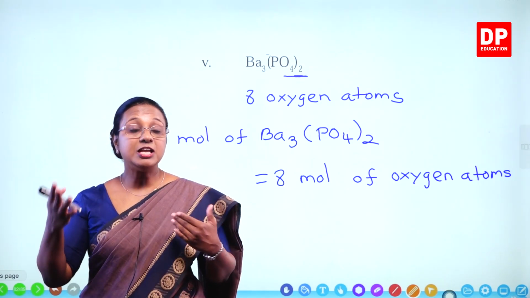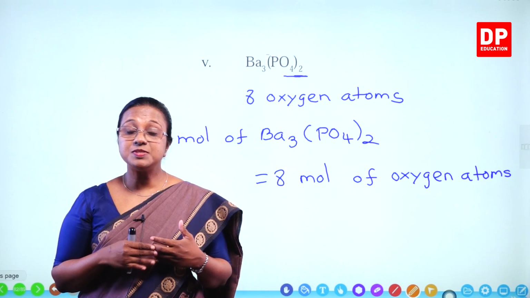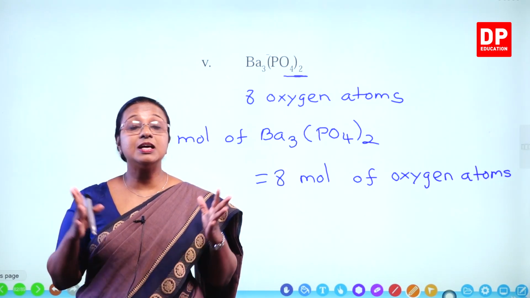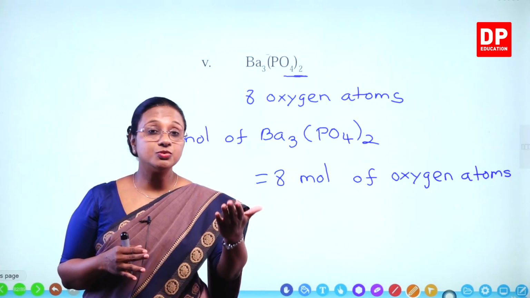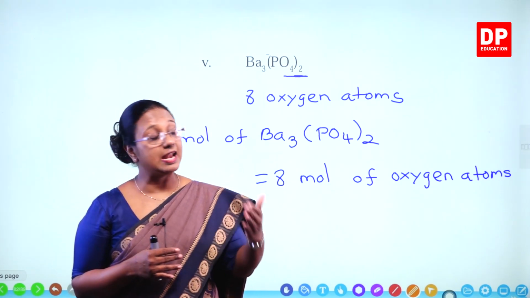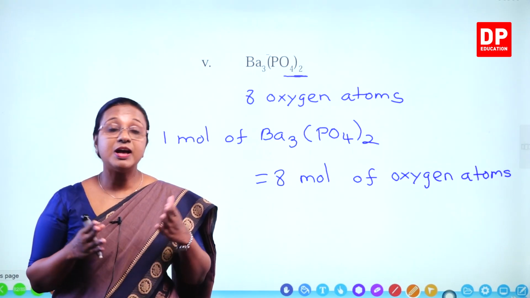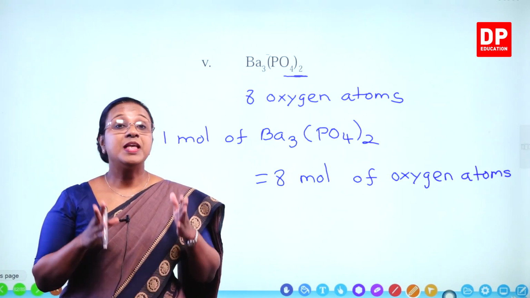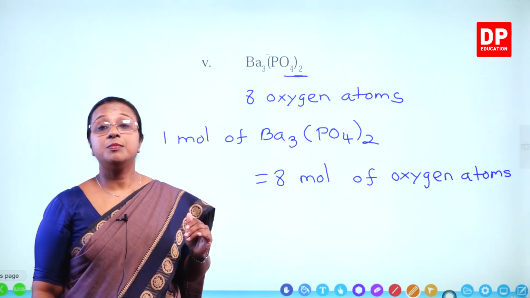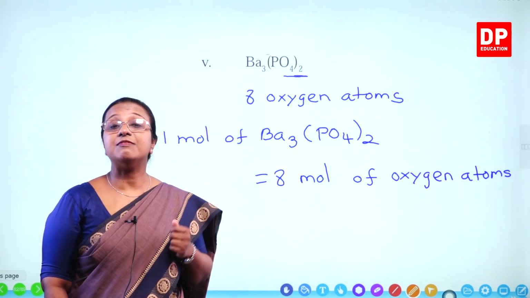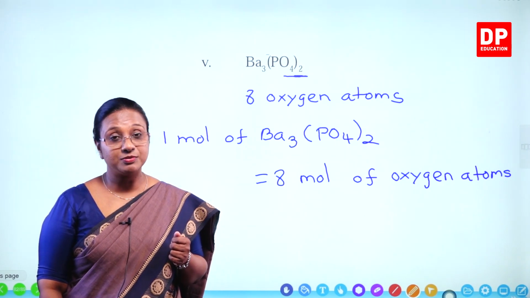The same way, if you know the number of moles of substance, you know to calculate the mass of the substance. Then you know to relate moles to Avogadro constant and then find the number of atoms or molecules. And also you know to find the number of moles of atoms in different amounts of compound.